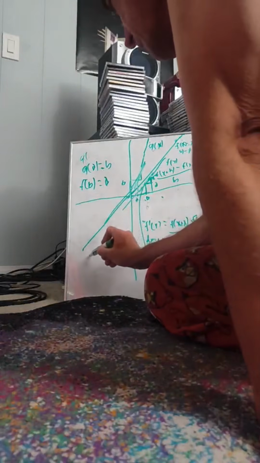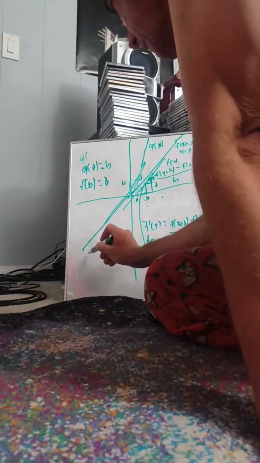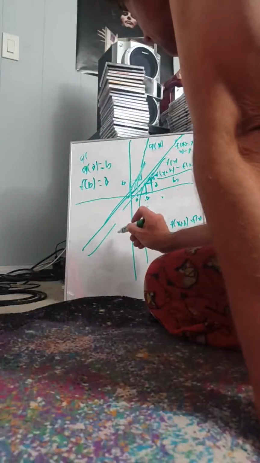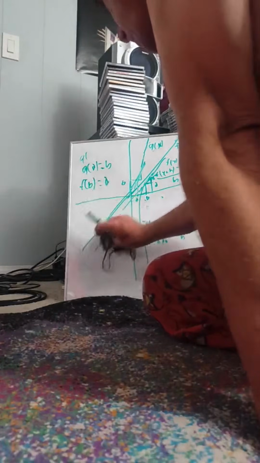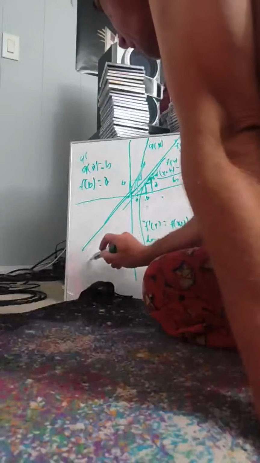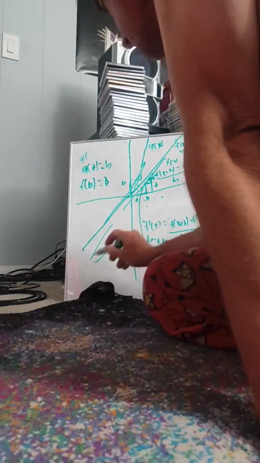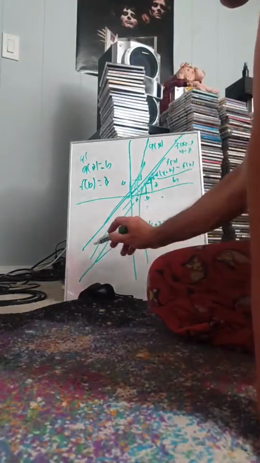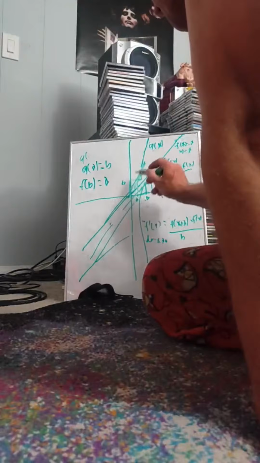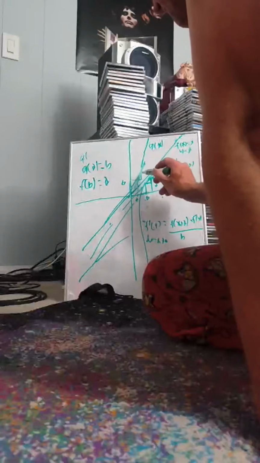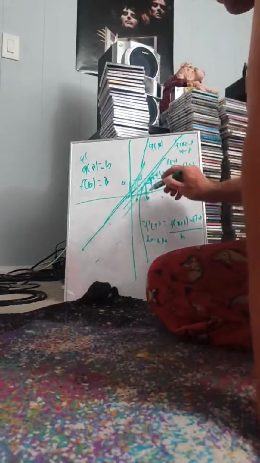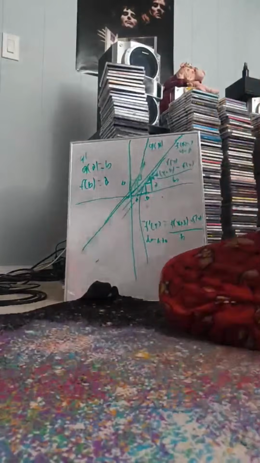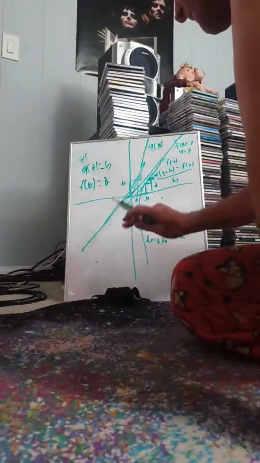One slants more up from that line, one slants more down. This one has a greater slope than this, and the slopes are inverted at these two points. Okay, so let's see what that means. I'm just going with the flow here. I understand this is a matter of explaining it.